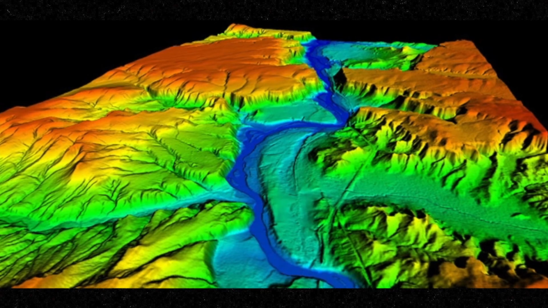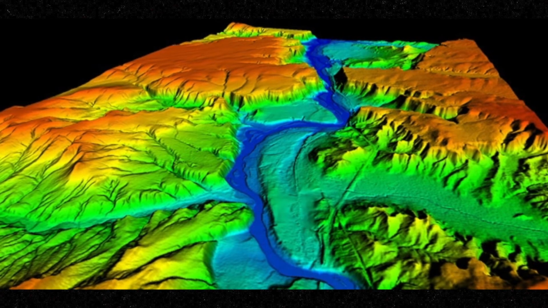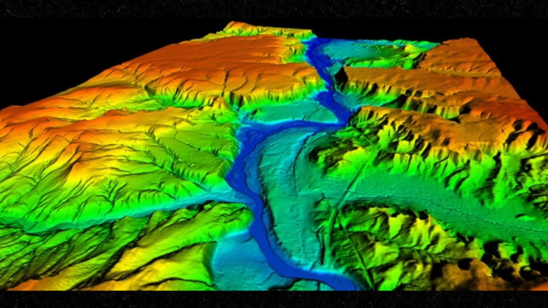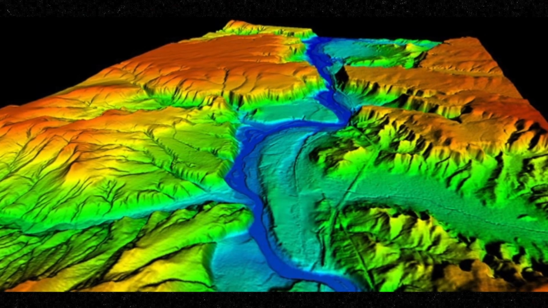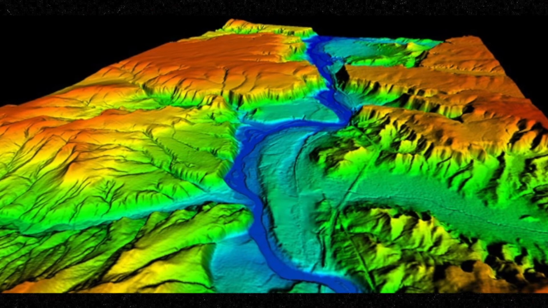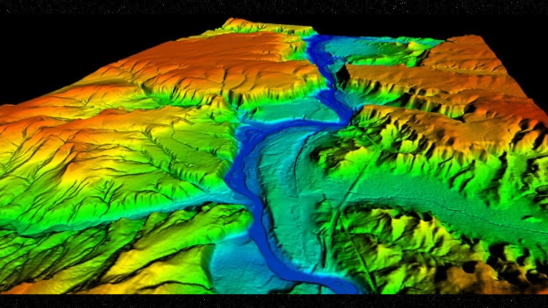In a DSM, surface typically refers to the topmost, that is the radar reflective surface for a given area. This includes all exposed objects or surfaces in the scene, registering the height of the bare earth or the ground surface only when nothing else is above it.